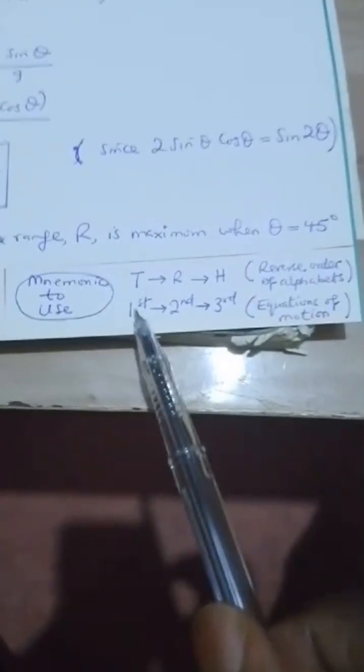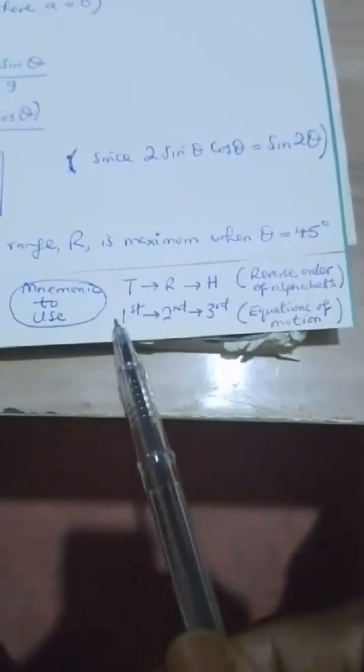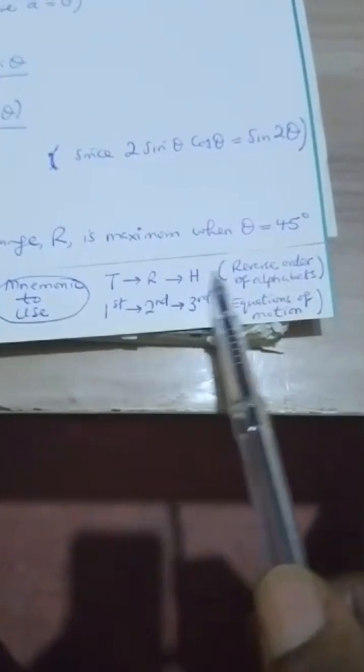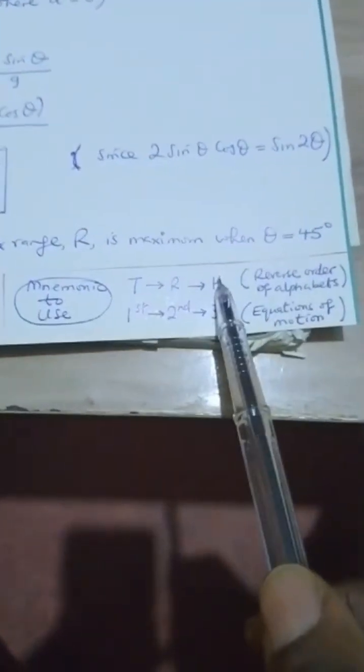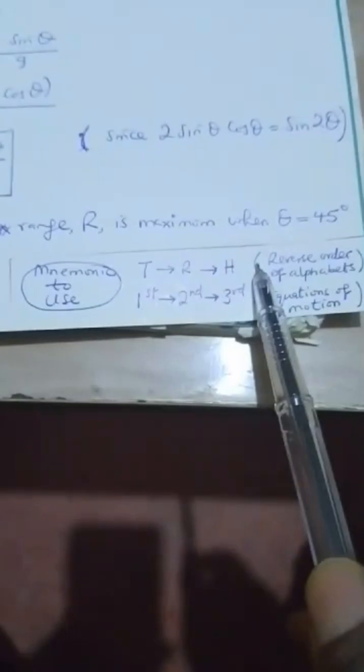The equations of motion, we used Newton's three equations for uniformly accelerated motion. You just apply it in the reverse order. Remember this, TRH. TRH is reverse order for the alphabets: H comes before R and R comes before T. So just reverse it, TRH.